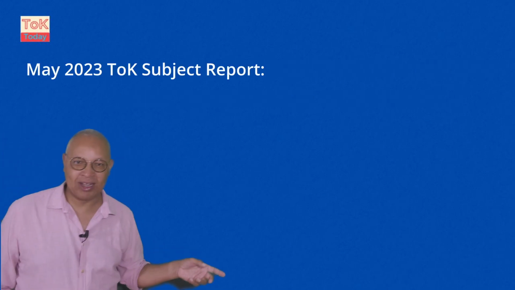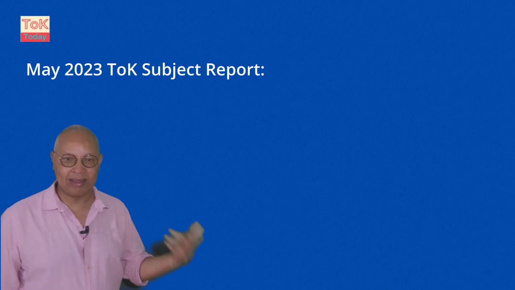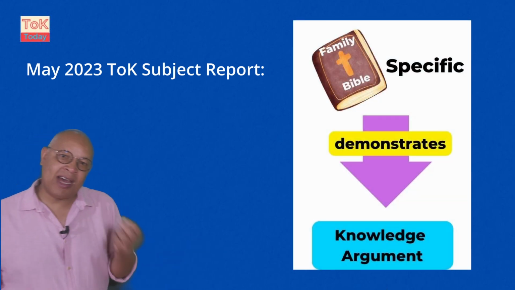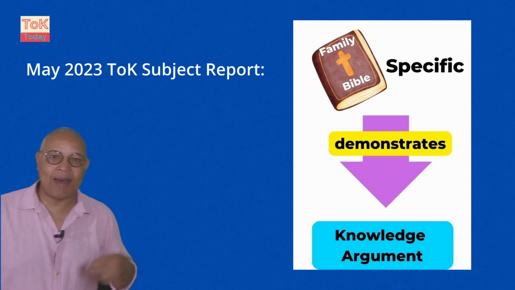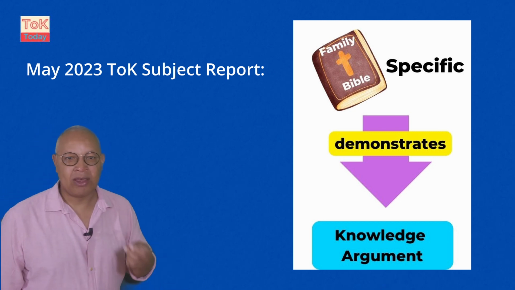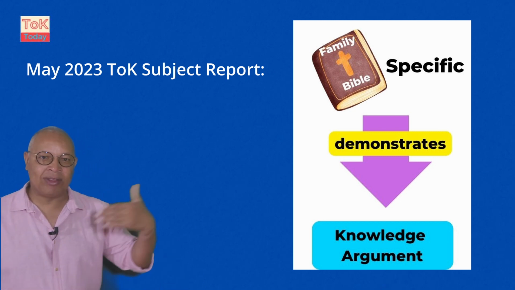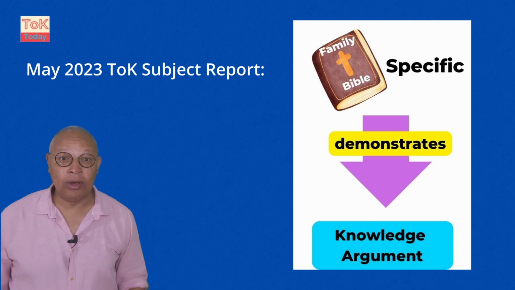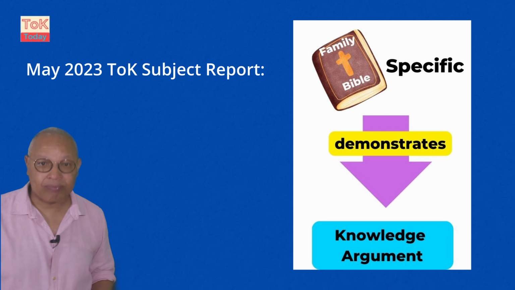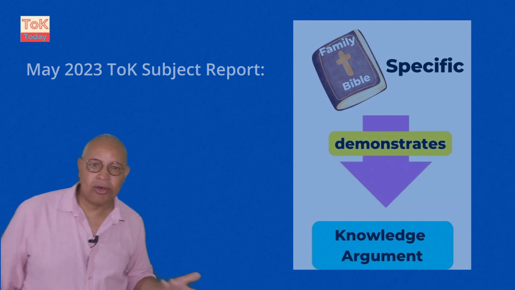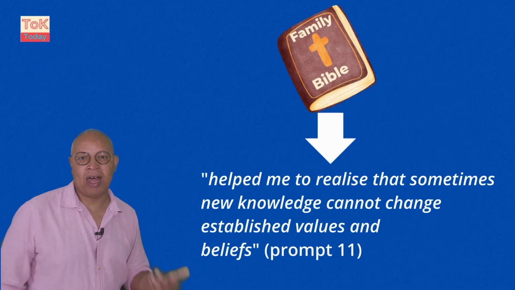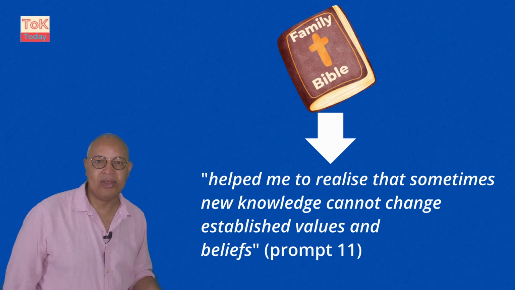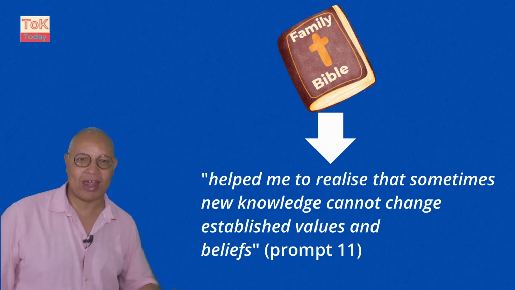For more explanation, let's go back to the May 2023 subject report. IB tells us that just selecting a family Bible isn't enough. You would then need to explain how the specificity of that Bible helps us to explore the knowledge issues in the prompt. For example, you could argue that this family Bible helps you to realise that sometimes new knowledge cannot change established values and beliefs.